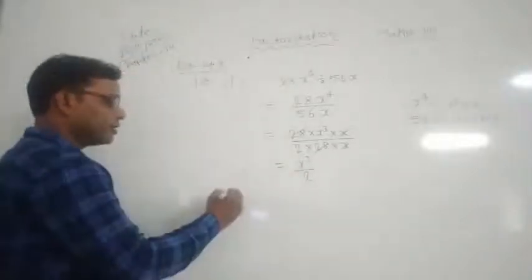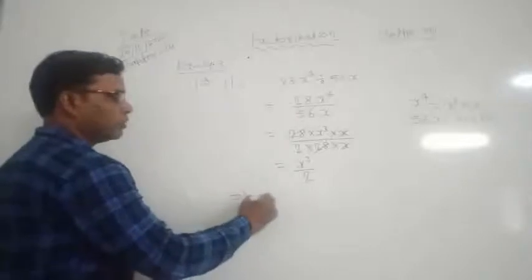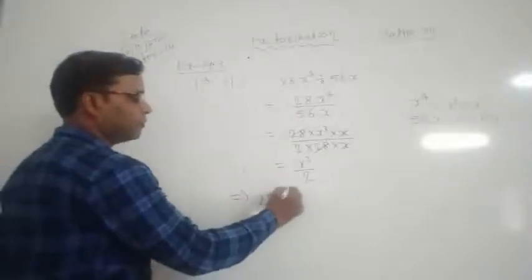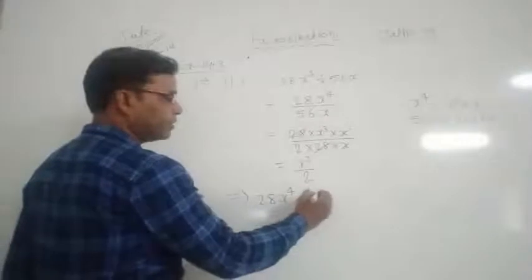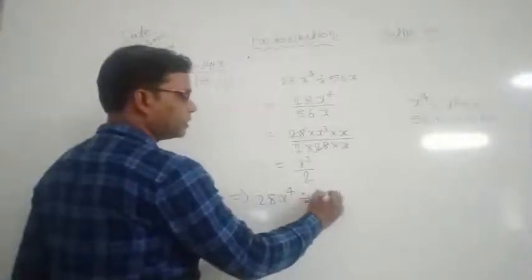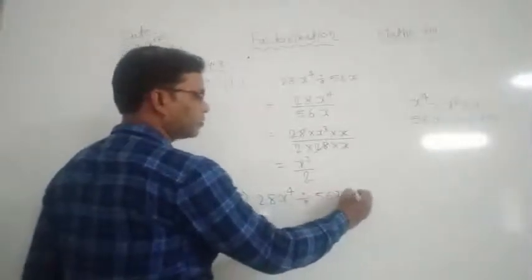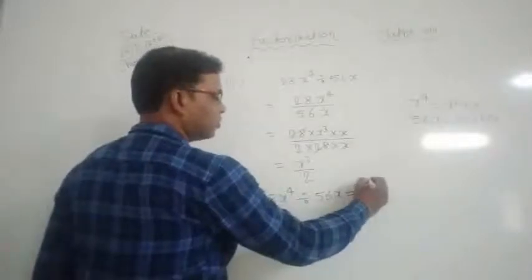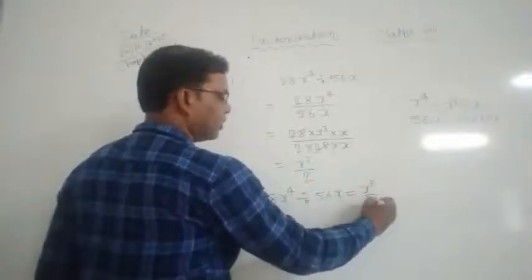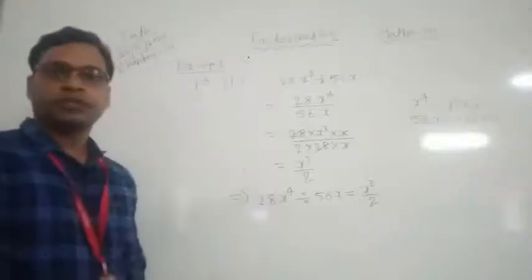This is the division. When you divide 28 x power 4 by 56 x, this is equal to x to the power 3 by 2. This is clear?